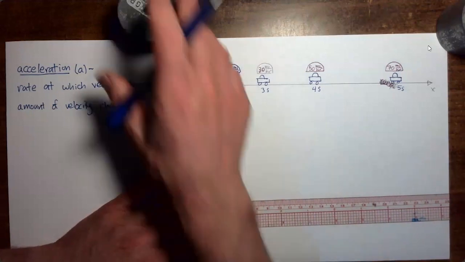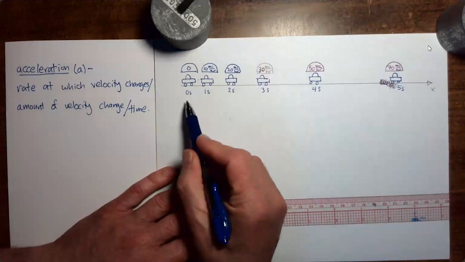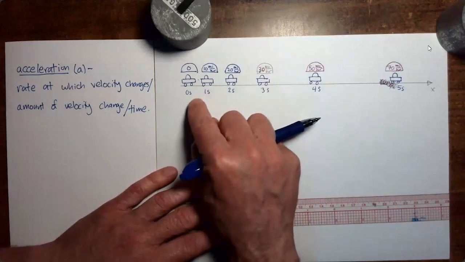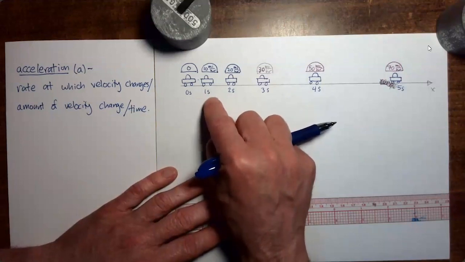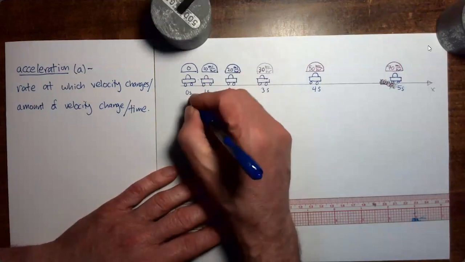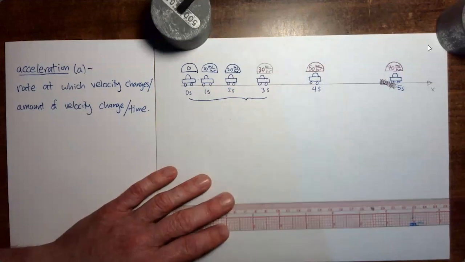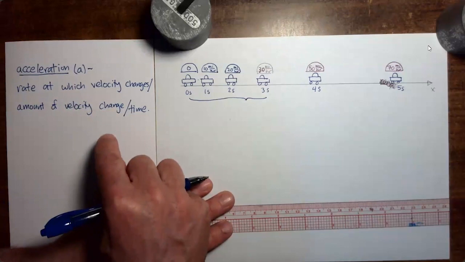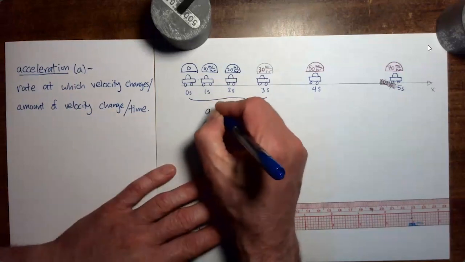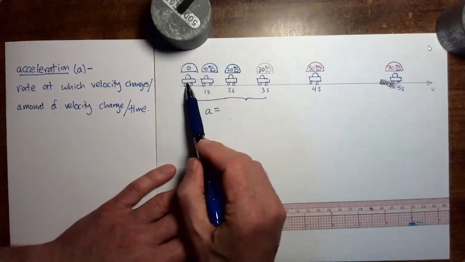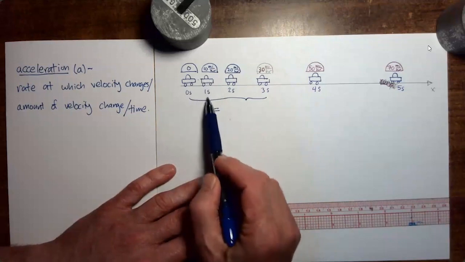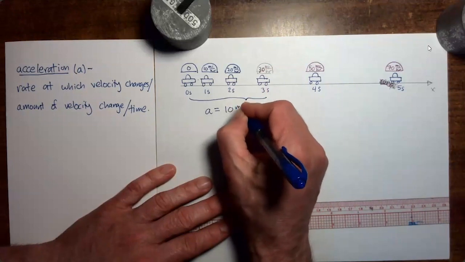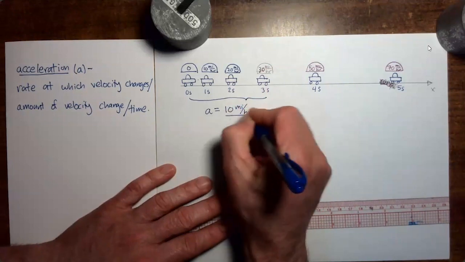Okay, so here's how I would describe what's happening. In the first 3 seconds of motion, the velocity increases by 10 miles per hour for every 1 second interval. So since the acceleration is the amount of velocity change per time, and the velocity changes by 10 miles per hour every second, I would say that here the acceleration is 10 miles per hour per second.